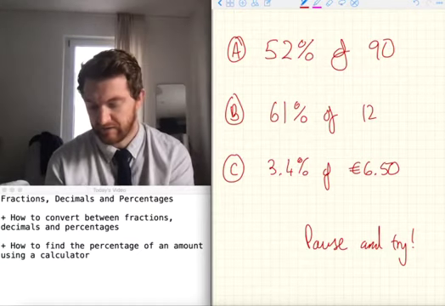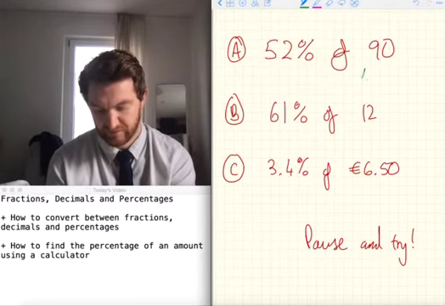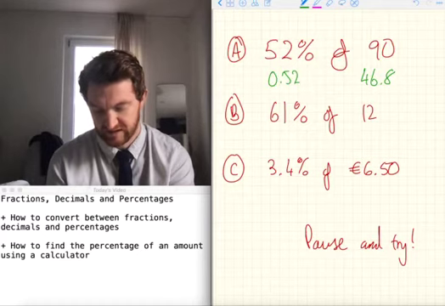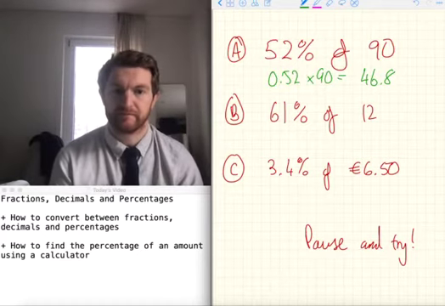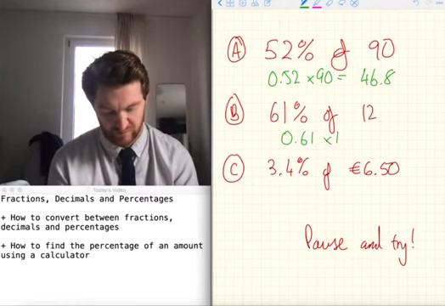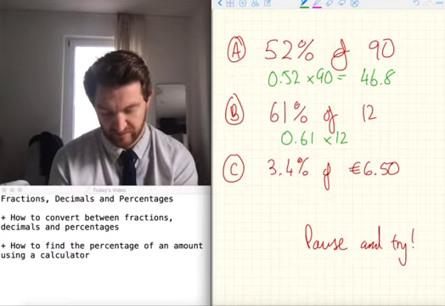Okay, if you've done that correctly, then let's just check the answers. You should have got 46.8 by doing 0.52 times 90. The next one, you should have done 0.61 times 12, and this gives you 7.32.